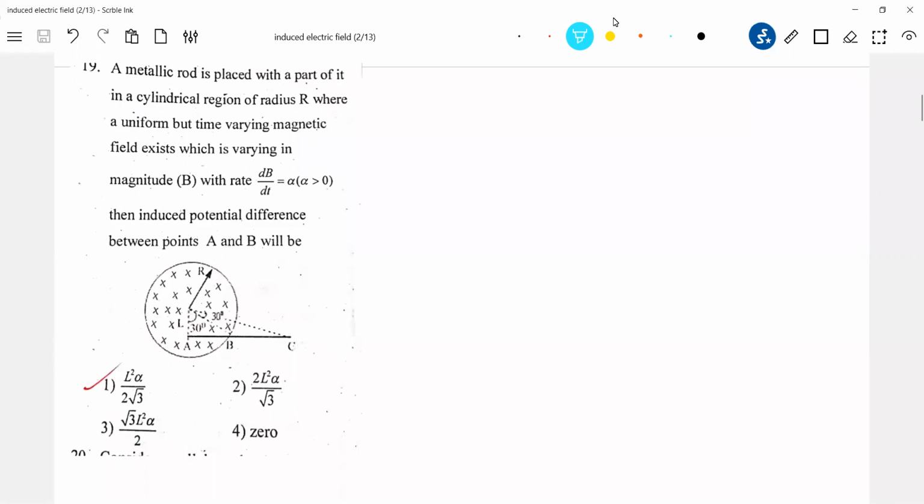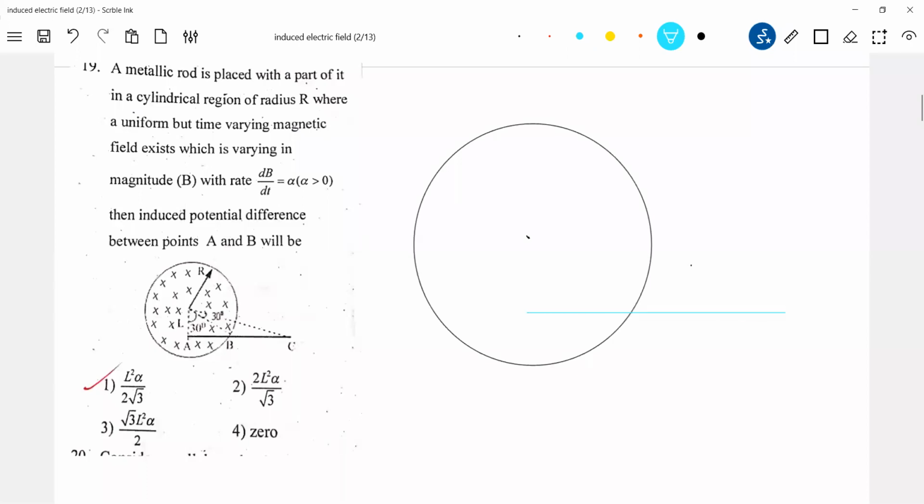The induced potential difference between points A, B. This is the center of the loop, and this is the rod. Let's take this as O, A, B.